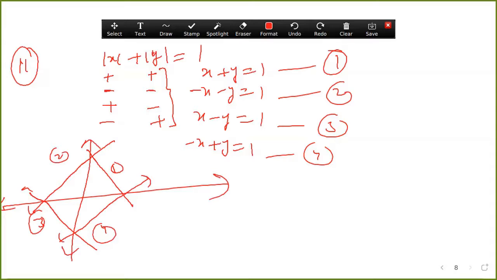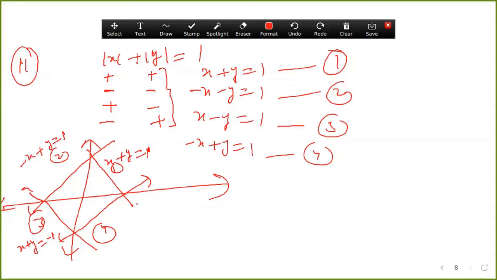Now the first equation will be x plus y is equal to 1. Second will be minus x plus y is equal to 1. Third one will be x plus y is equal to minus 1.